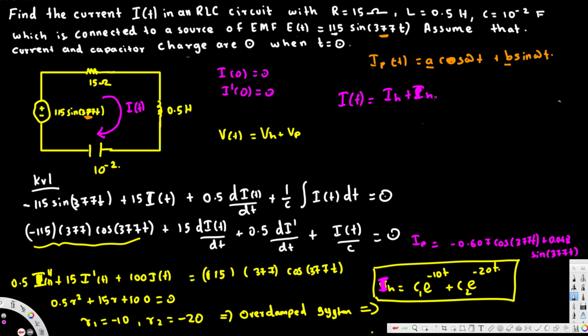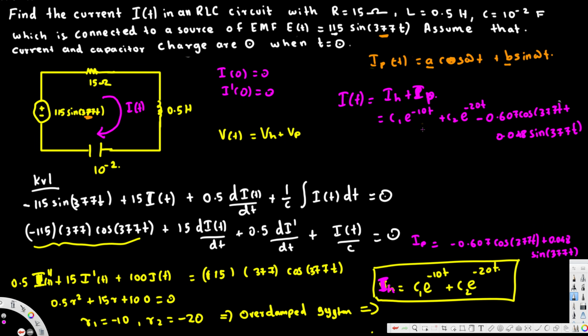We found IH, boxed right here, C1 e power negative 10t plus C2 e power negative 20t, and IP is negative 0.607 cos 377t plus 0.048 sin 377t. So this is our general solution for this non-homogeneous differential equation.